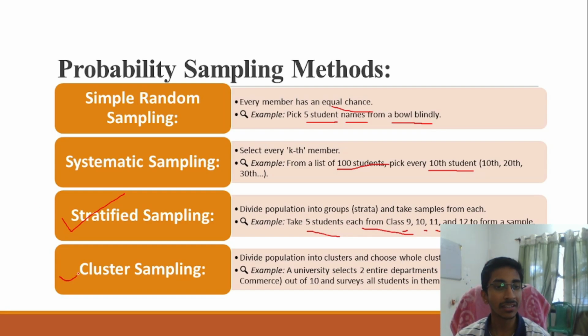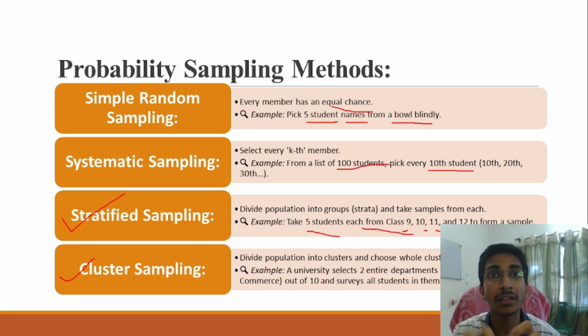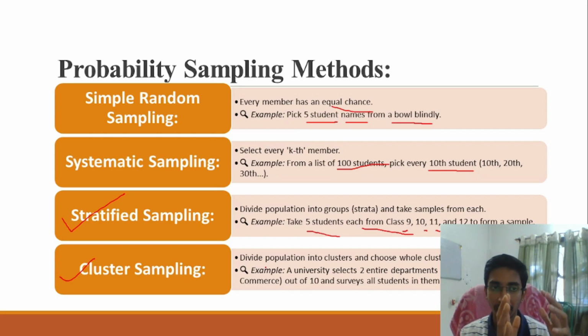And then cluster sampling. Cluster sampling is quite different from stratified sampling. In cluster sampling, we divide the entire population into small groups and we call them clusters, not strata, sorry, and then we pick the whole cluster.